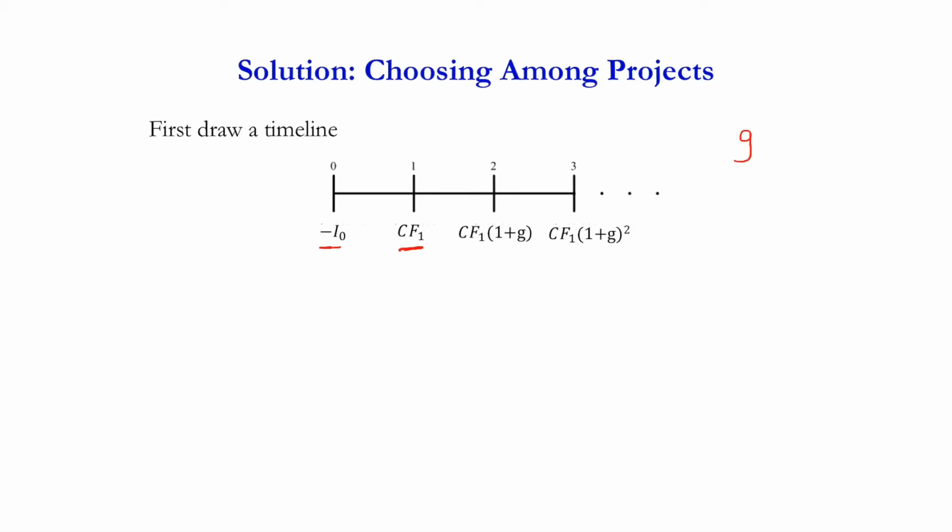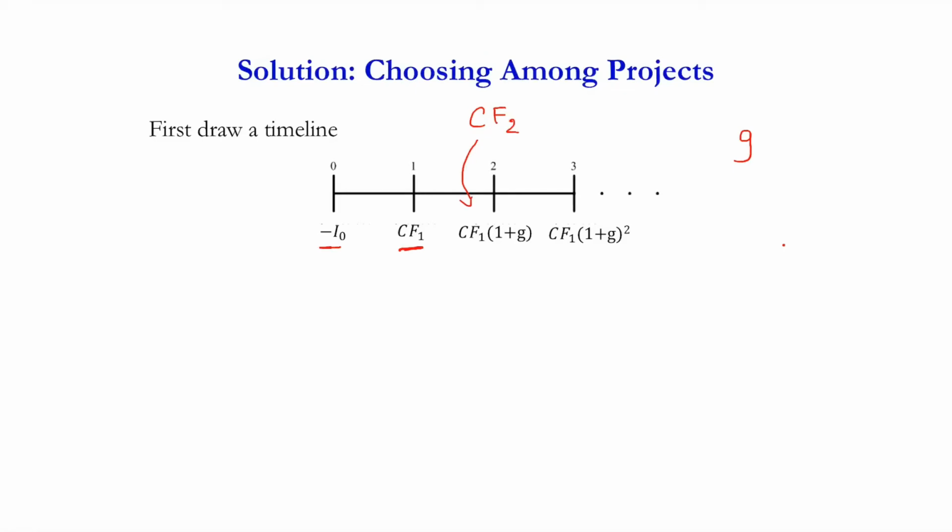Why am I saying forever? Because the question assumes that we can run this business indefinitely, and it's eventually going to be run by our children. So, based on that information, I can write CF2 as CF1 multiplied by 1 plus G, and so forth.